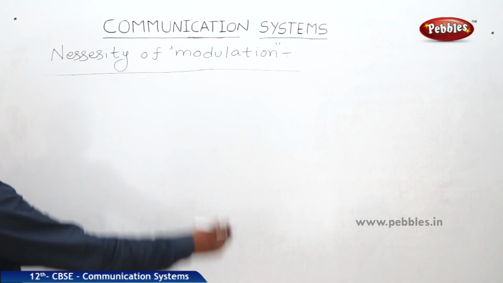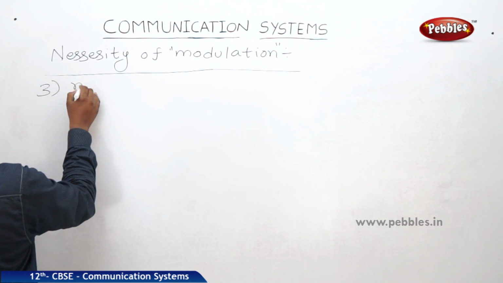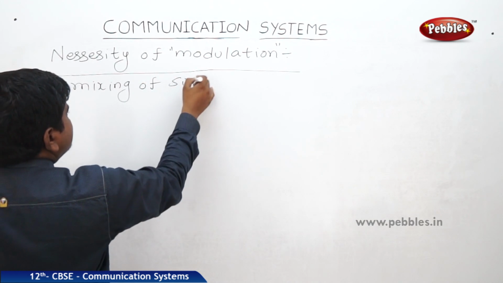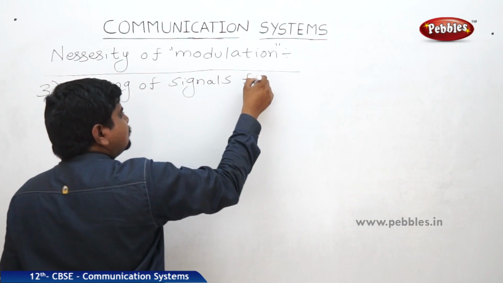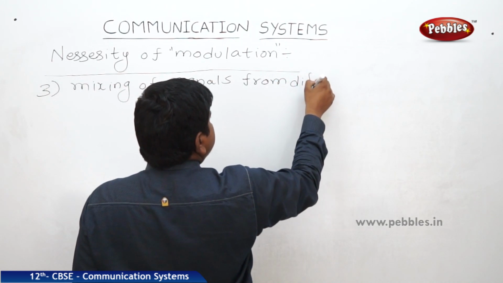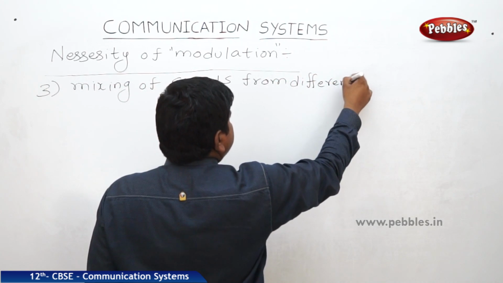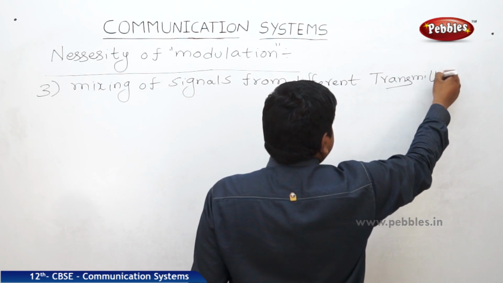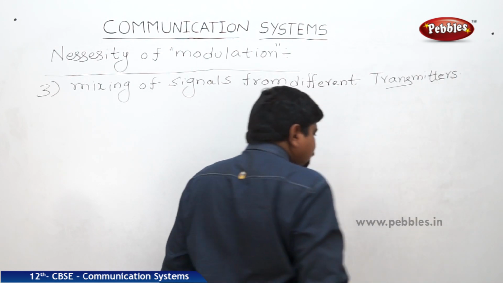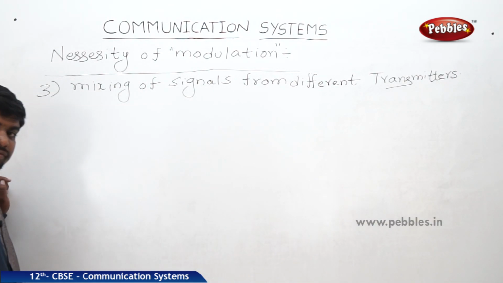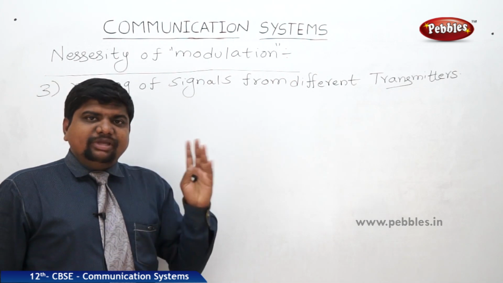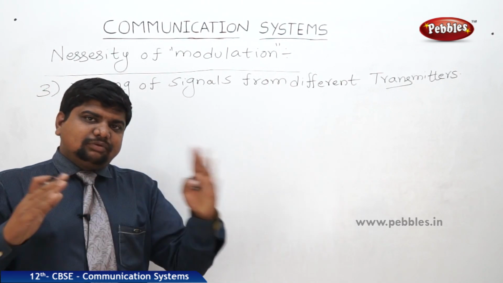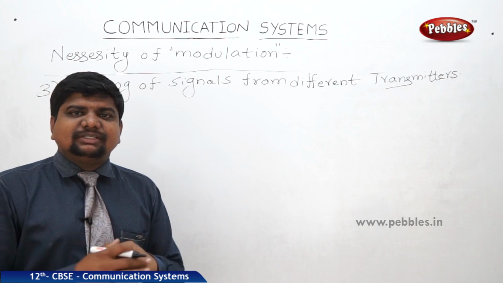The third one is mixing of signals from different transmitters. So what we can understand from this is, suppose it is a group song, many voices are there, and if it is a discussion, many voices should be converged at one common point, otherwise it won't be transmitted to the receiver.